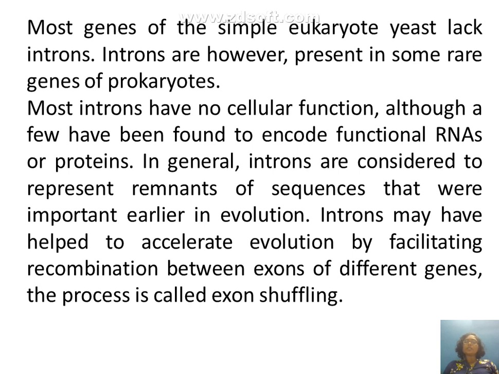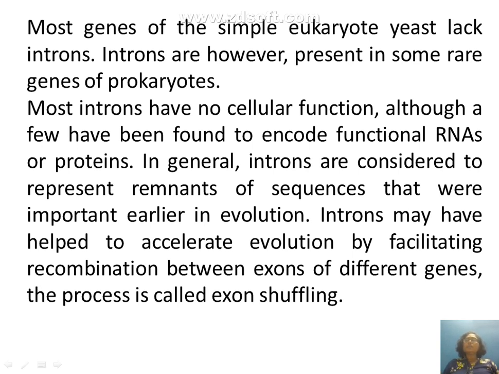Such genes are also observed in humans, because certain genes are required during fetal growth, but later on those fetal genes are of no use as the child grows stage by stage. So these genes remain in the cells, but they are of no use. Introns, some genes were related with the evolution process.